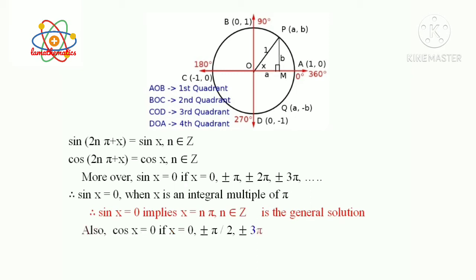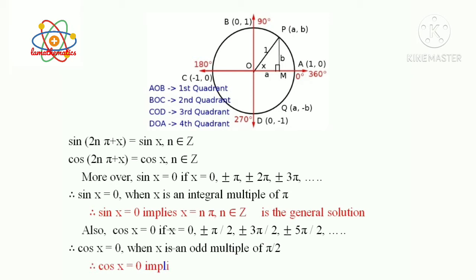Also, cos x equal to 0 if x equal to plus or minus pi by 2, plus or minus 3 pi by 2, plus or minus 5 pi by 2. Therefore, cos x equal to 0 when x is an odd multiple of pi by 2.